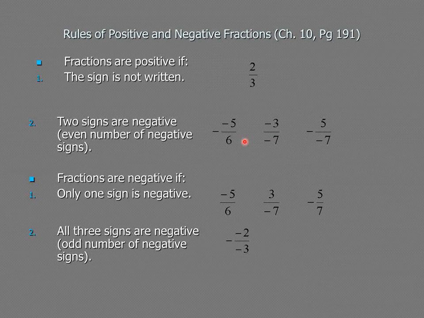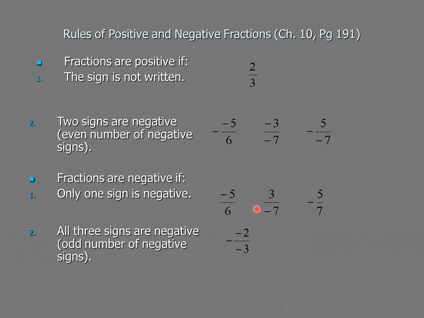Okay? But if your number has an odd number of negative signs, odd means what? 1, 3, 5, 7, 9, right? For example, in this number you have only one negative sign, that's odd. This is also 1. We have shown you all the different ways you can have the negative signs.